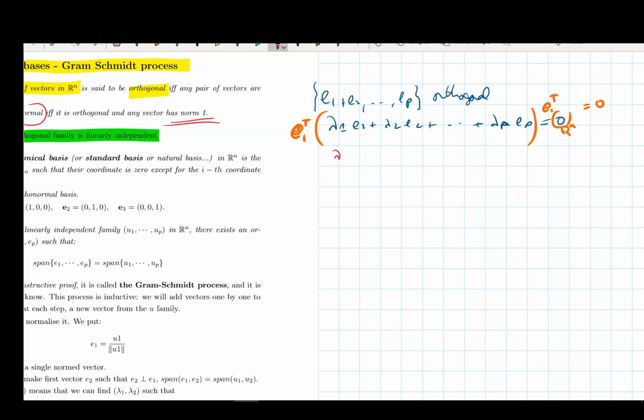If I expand that, I'm going to have lambda 1 E1 dot product E1 plus lambda 2 E2 dot product E1 plus etc. is equal to 0.